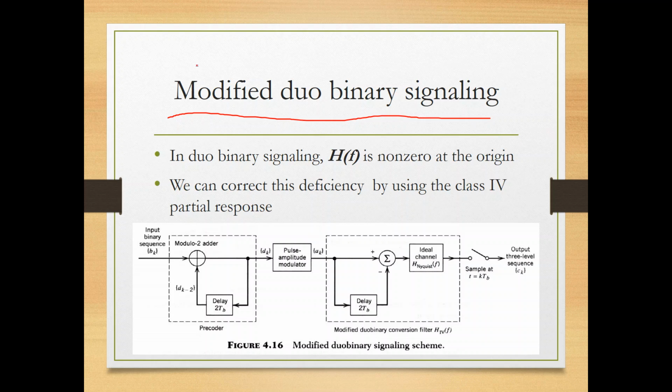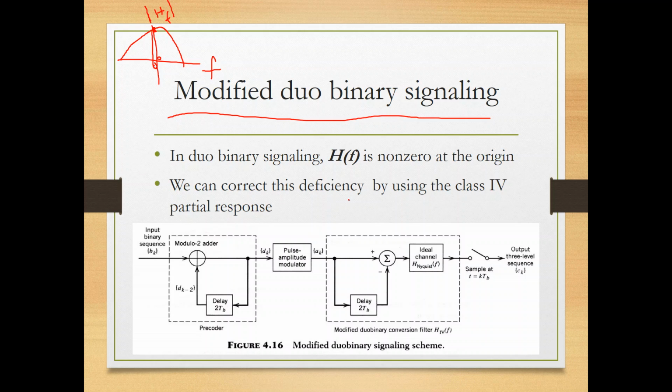If you remember, the response of dual binary signaling in the frequency domain was something like this. Here it was not 0. This is the frequency and this is the amplitude of H(f). Here at this point, this is 0 frequency. What's the amplitude? There is amplitude. This is the DC. This is what I mean by DC. I don't want this. I want this to be 0.